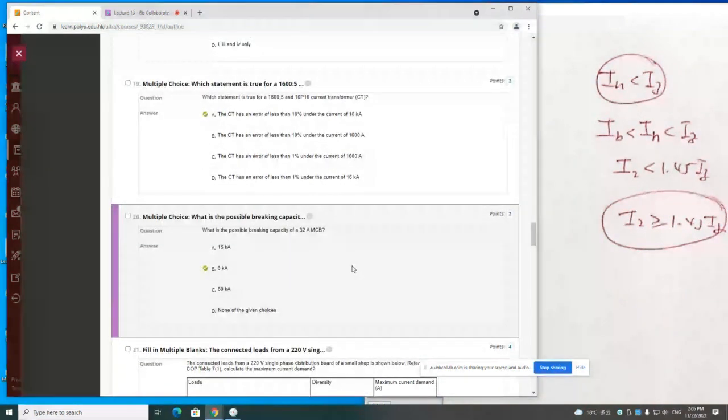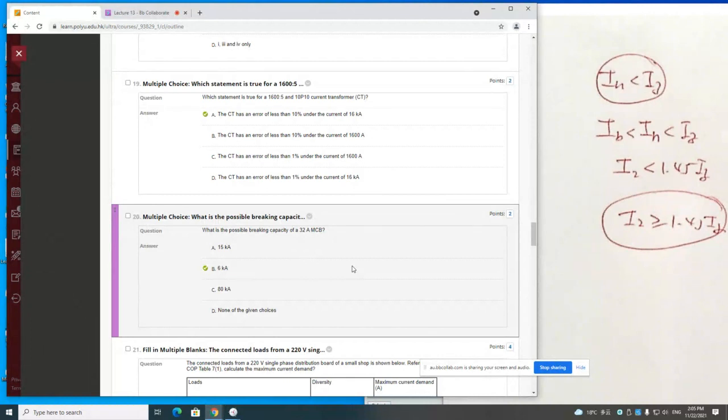Okay, 19. Which statement is true for a CT 1600 over 5 MP and 10P10 CTs? I think this is relatively straightforward. The first term is the error, or the accuracy of the CT. The second term is the multiple.